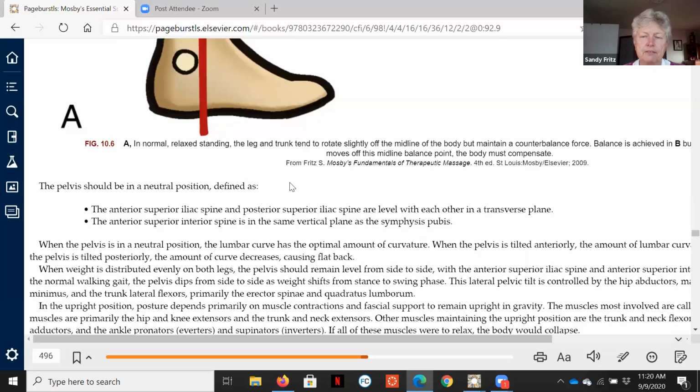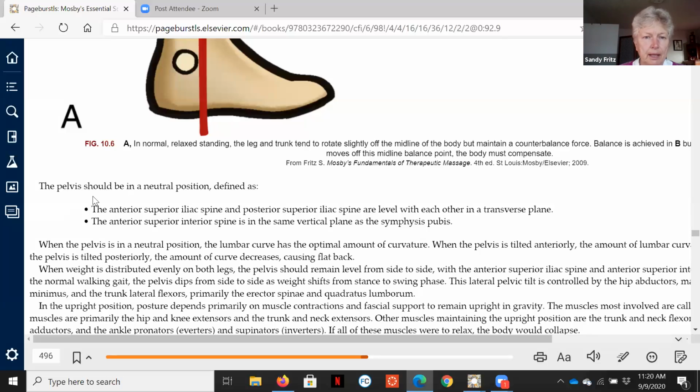The function of the pelvis in all of this is actually quite complex. In general, we want to stay relatively neutral with the ability to make small adjustments to maintain balance.